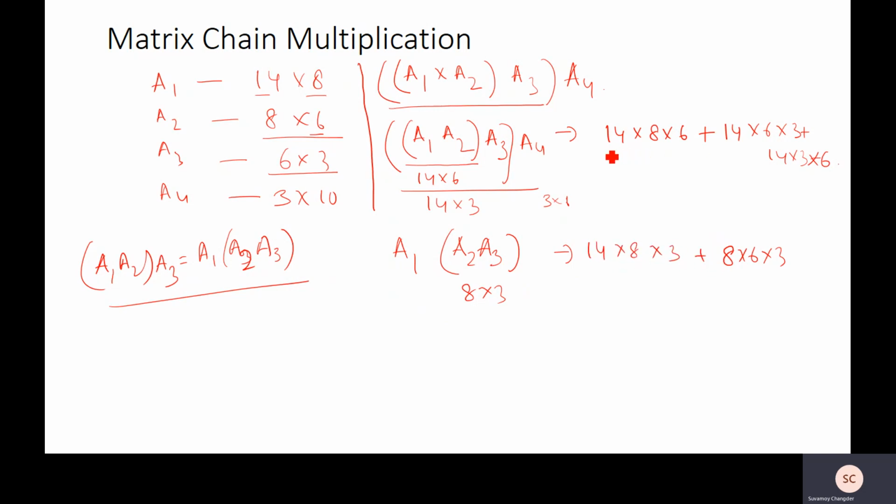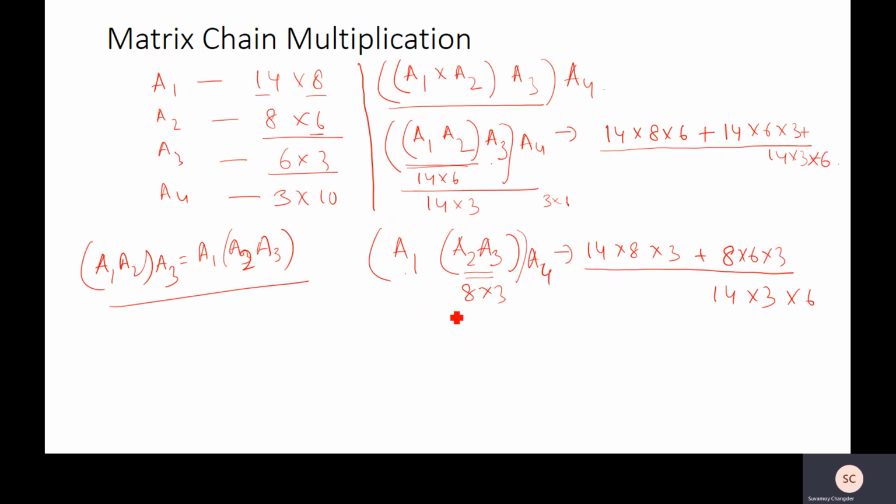Now see, to multiply A1, A2 and A3, instead of multiplying A1, A2 first and then A3, first we will multiply A2, A3, then we will multiply A1 with the resultant matrix, and this will give the minimum. And after that, if we go for multiplying A4 with this, we will get 14 into 3 into 10.